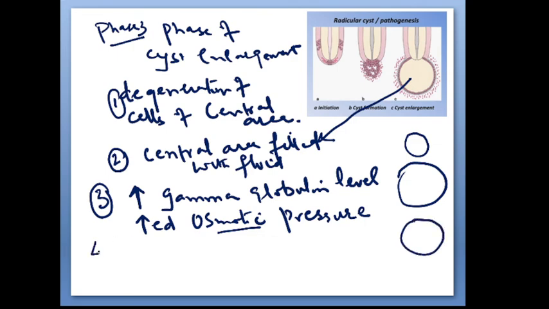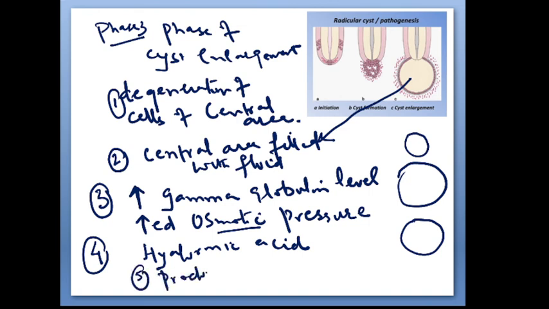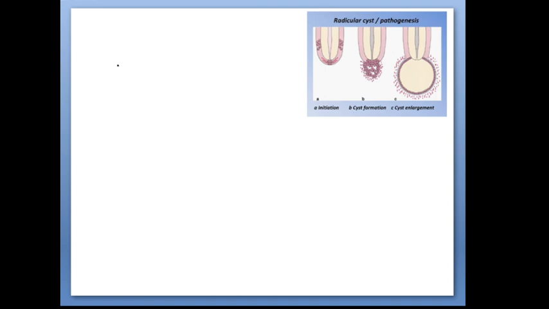There is also formation of hyaluronic acid, and there are many products of cell breakdown. What is the function of these two things? The hyaluronic acid and the products of cell breakdown lead to increased osmotic pressure.